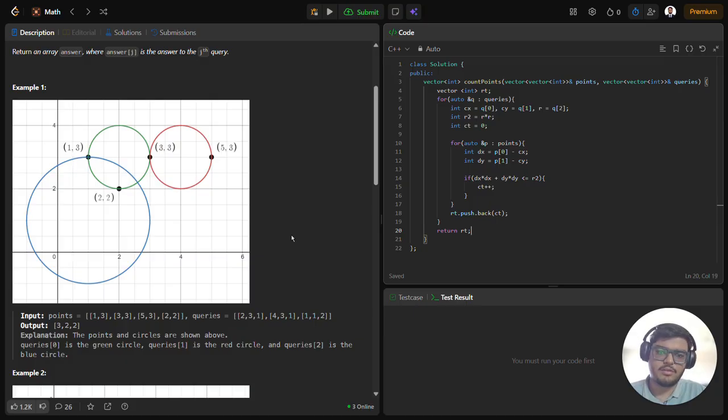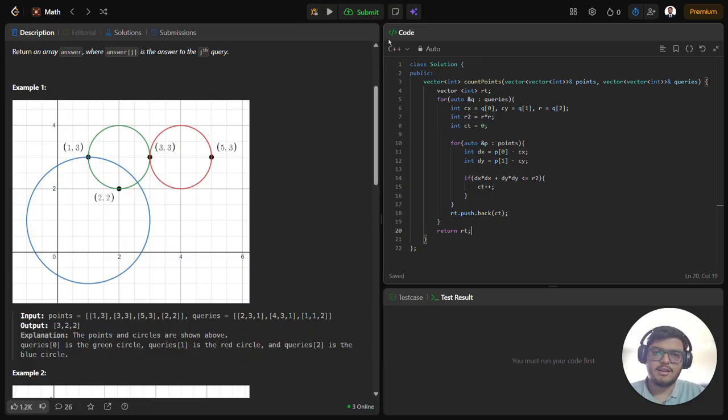Point (5, 3): dx is 3, dy is 0, so 9 plus 0 is 9. 9 is greater than 1, outside. So this point is our outside point. Next point we have is (2, 2), and dx is 0, dy is negative 1. Then 0 plus 1 is equal to 1. That's inside. Count is 3. That's our answer.